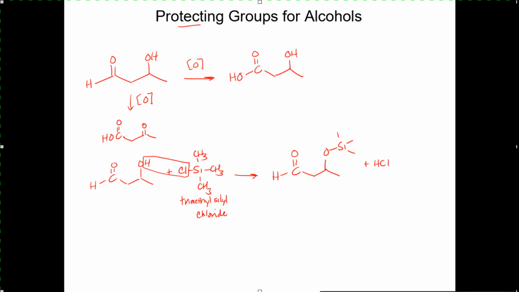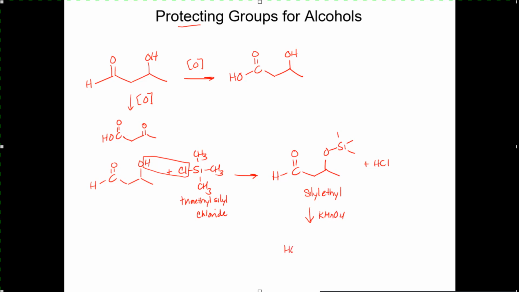Now, once you convert this, this is called a silyl ether. And so once you protect that alcohol as a silyl ether, it no longer is an alcohol. So I could then take this silyl ether and say, you know what? Let's go ahead and react this with KMnO4.